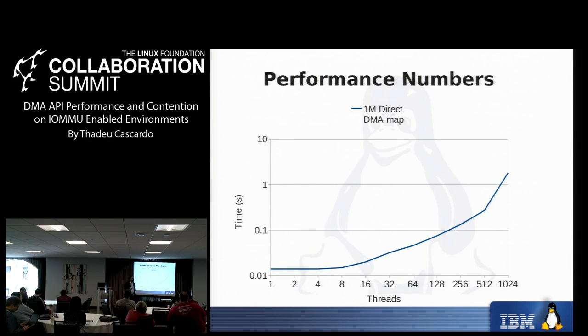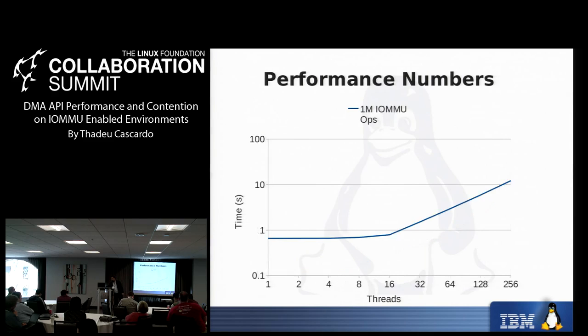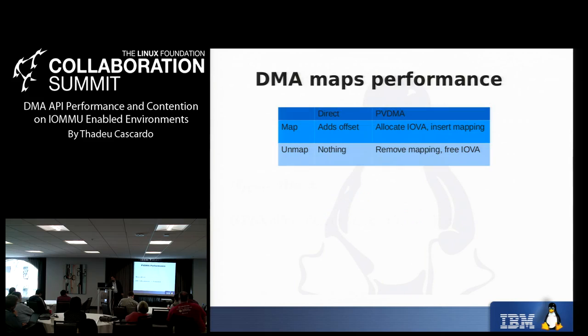On Power, we can still try to map the entire guest when we have just booted. In fact, when we probe the device, we do a call to the DMA set mask, and underneath, if we can request a DMA window large enough to map the whole memory, we do it, and now we can just add an offset and follow that procedure I described here.